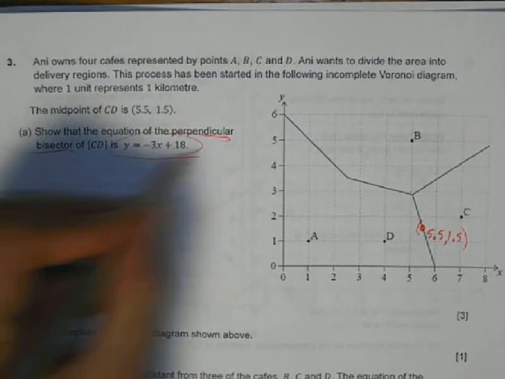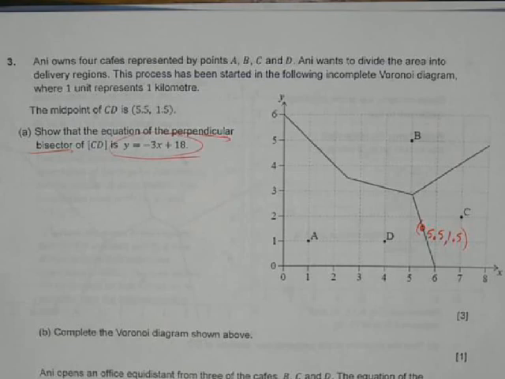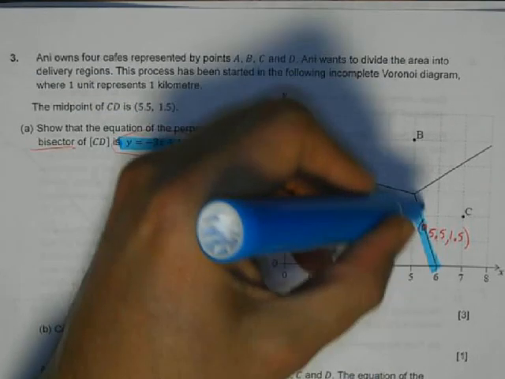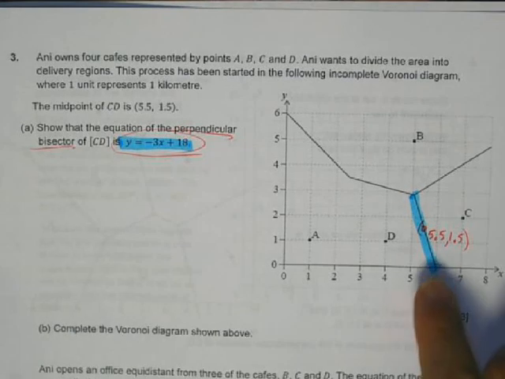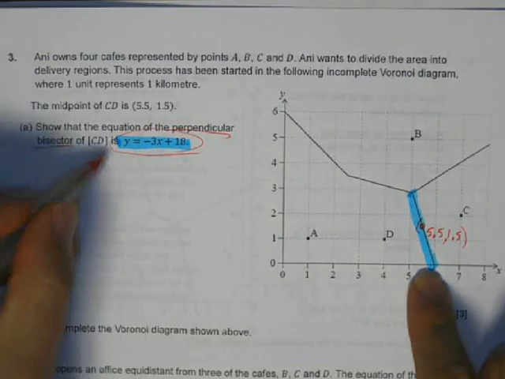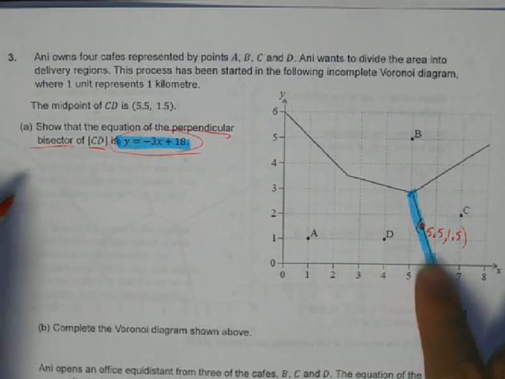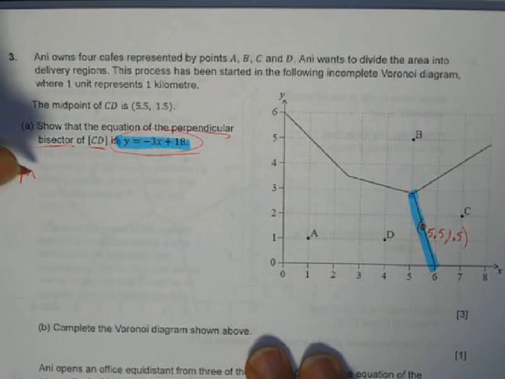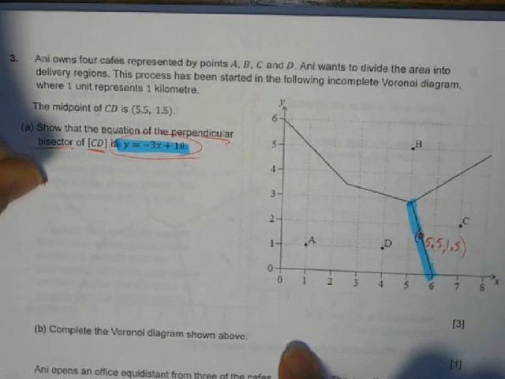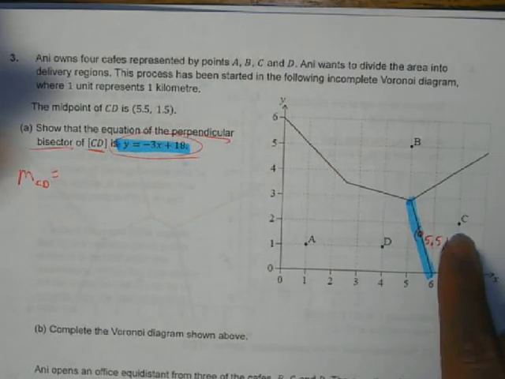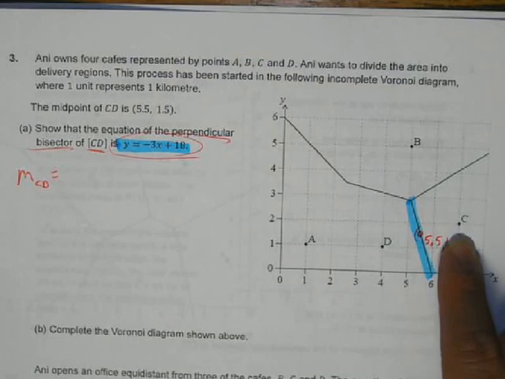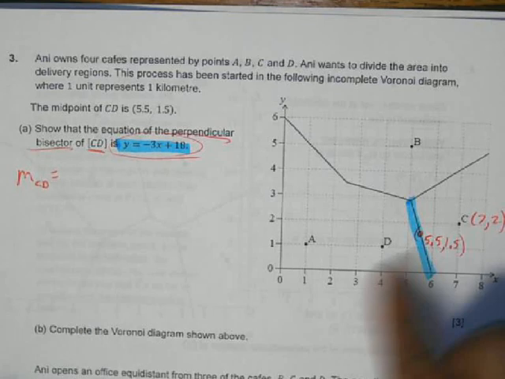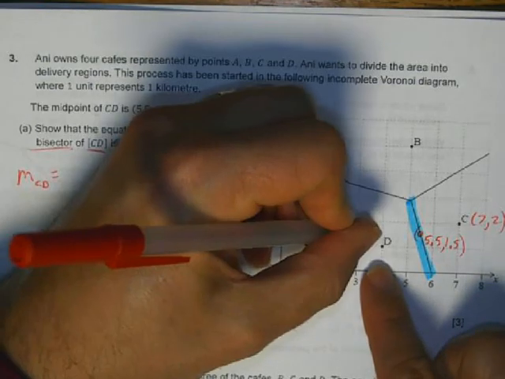So they've told you the equation of this line here, which is the perpendicular bisector of C and D. We know our midpoint. We need to figure out the slope. The slope between C and D: the coordinate of C is (7, 2), and for D, the coordinate is (4, 1).